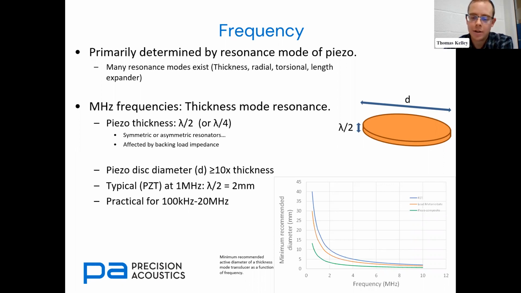I guess it very much depends on how many elements you're looking to operate. I guess the key there is how to drive them. Typically phased arrays will be used with a phased array controller or a phased array drive unit, which will have some focal laws programmed into it for various focal lengths, various element geometries. But if you're starting from scratch doing it yourself, then it's quite a lot of work. You need to do a lot of the focal laws yourself.